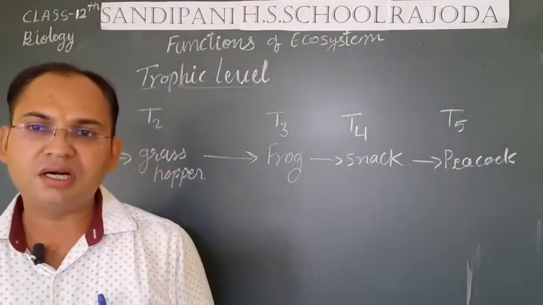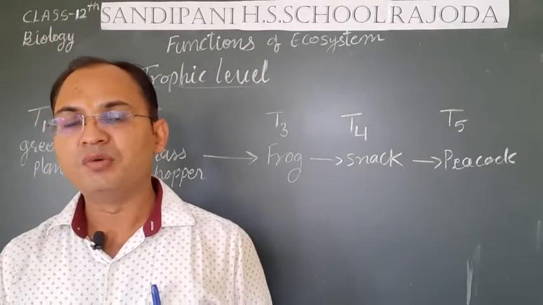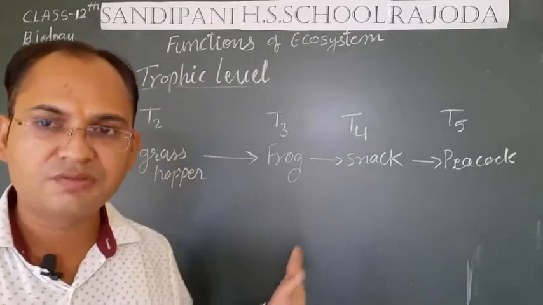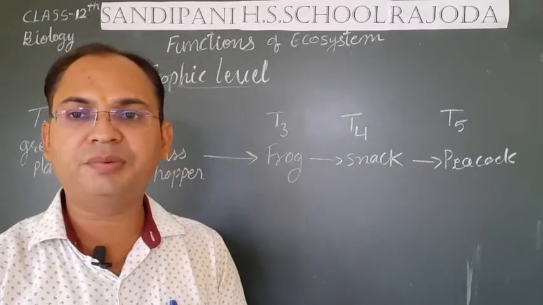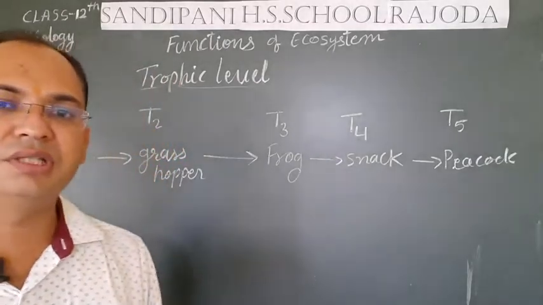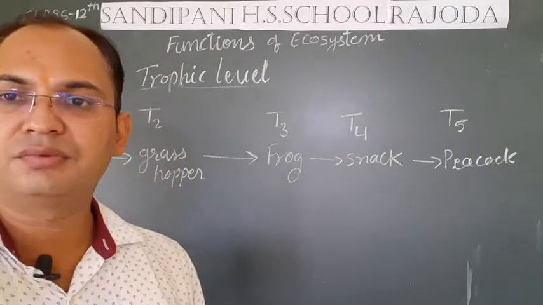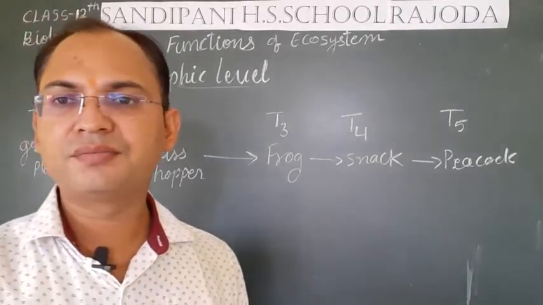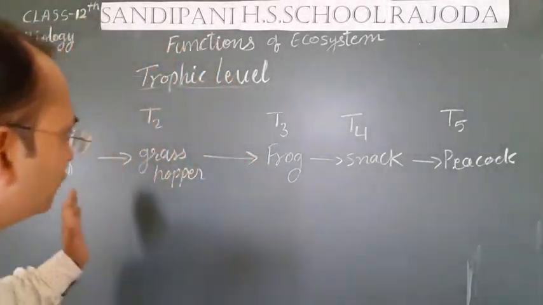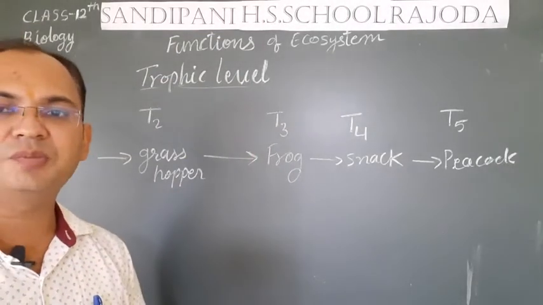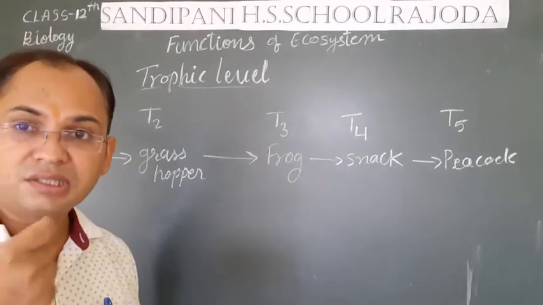Lindemann, a scientist, proposed a law regarding the transfer of the energy from one trophic level to another trophic level. That law is known as the 10% law of the transfer of energy, which says that the transfer of energy from one trophic level to another trophic level takes place only to the extent of 10%.